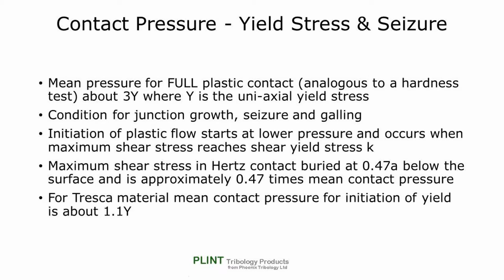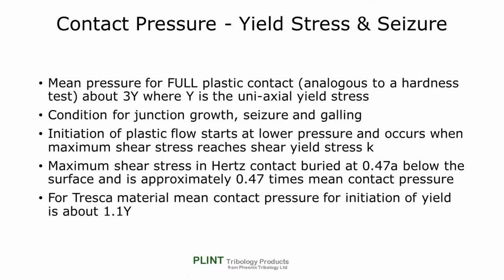Initiation of plastic flow starts at a lower pressure and occurs when the maximum shear stress reaches the shear yield stress K for the material. The maximum shear stress in a Hertz contact is buried at about 0.47a below the surface and is approximately 0.47 times the mean contact pressure.